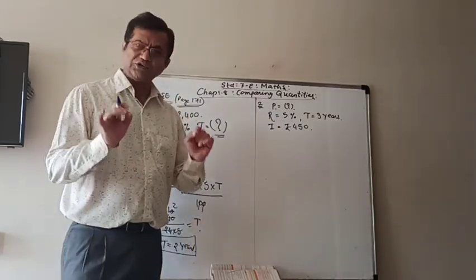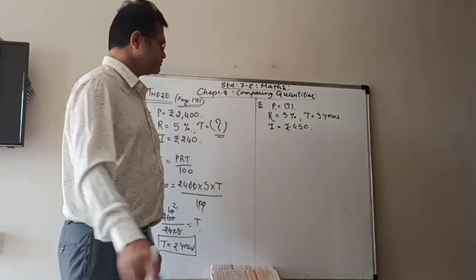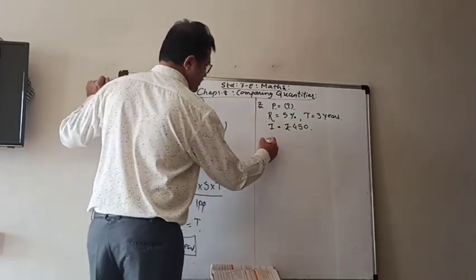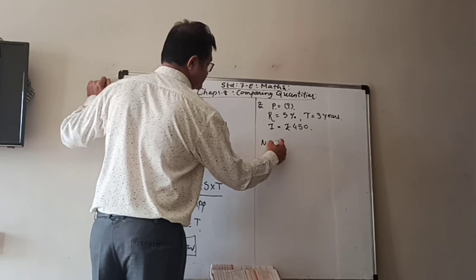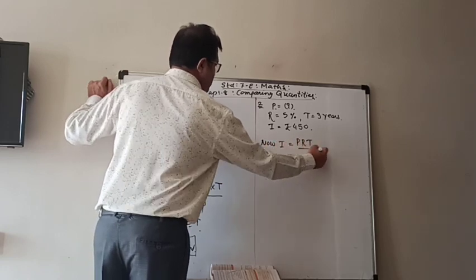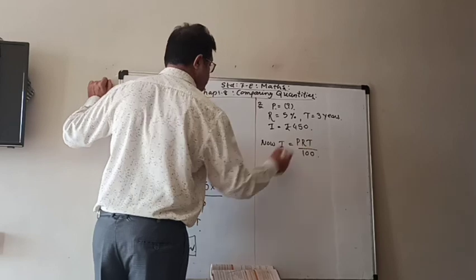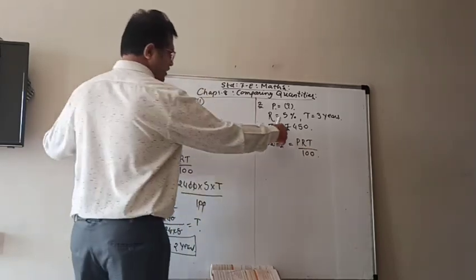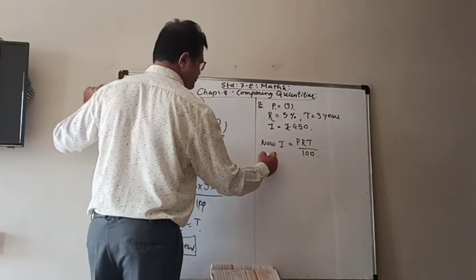Here also we have to use the same method. So let's go. Now I is equal to P R T upon 100. I is given here how much? 450.